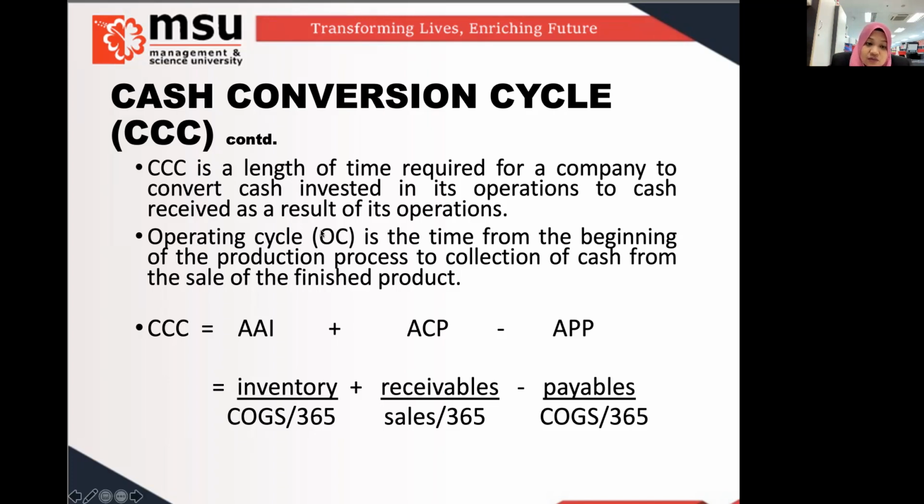It starts with the average age of inventory, from when you get the material from the supplier until you are able to sell to the customer. Then once the product is transferred to the customer, how long it takes for the customer to pay you cash, we call this duration the operating cycle. So this is the cash conversion cycle.